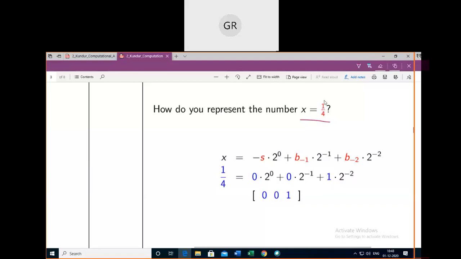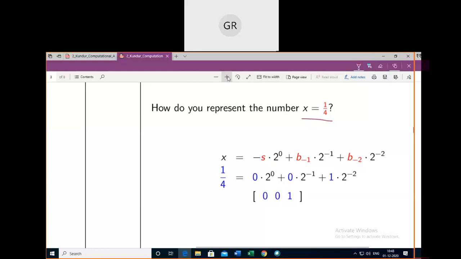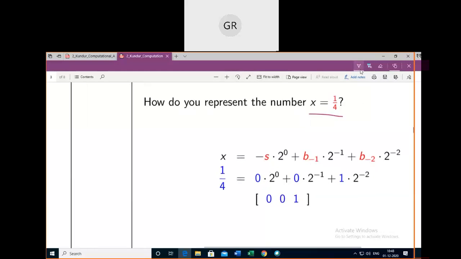See here, if I change the x value to 1 divided by 2, how will I write it? It's a positive number, yes, so here I will substitute 0. Then 2 raised to minus 1 is 1 divided by 2, right?